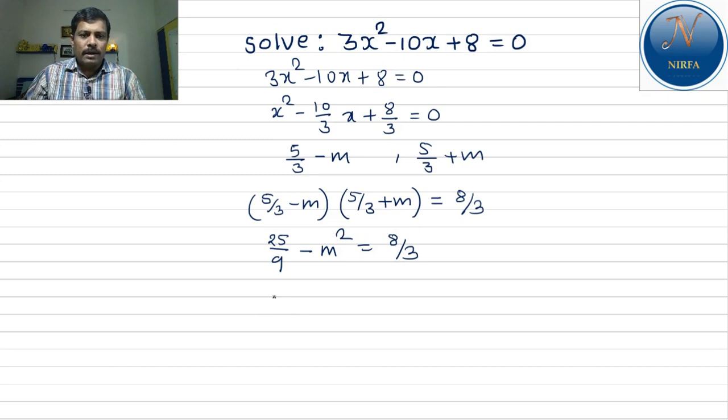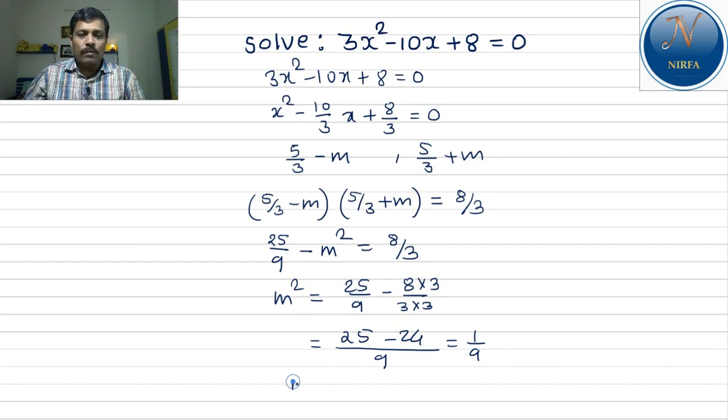And rearranging the terms, I will get m square is equal to 25 upon 9 minus 8 by 3. 3 denominator हम same करेंगे, तो आपको मिलेगा denominator 9 common, 25 minus 24, that is 1 by 9, and this is the value of m square.